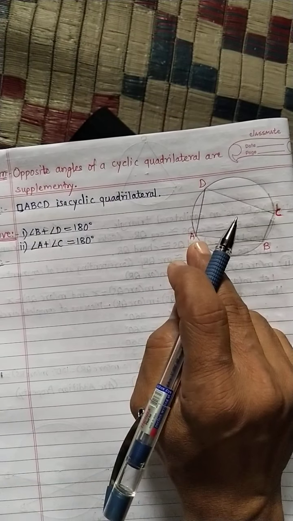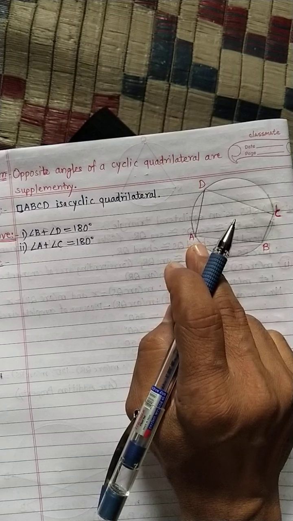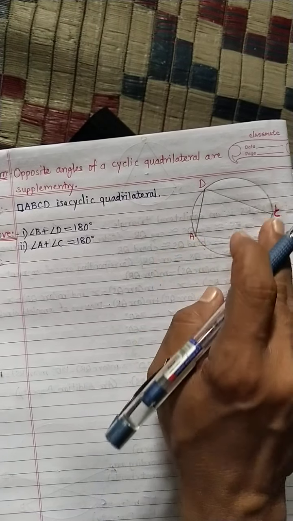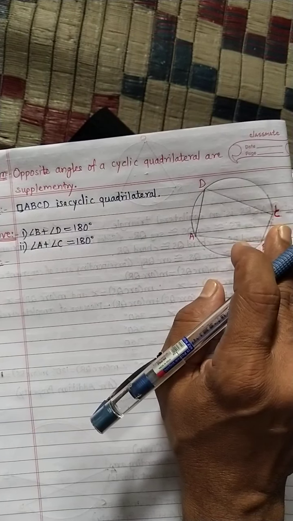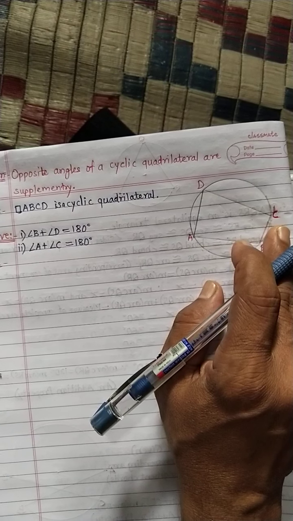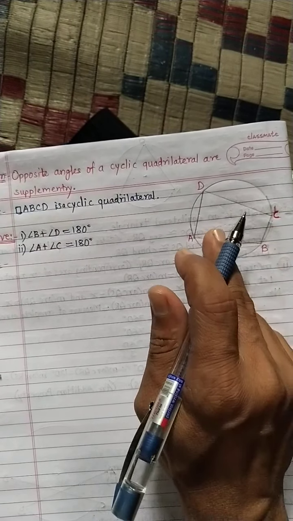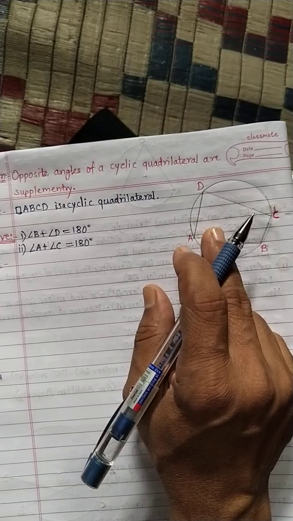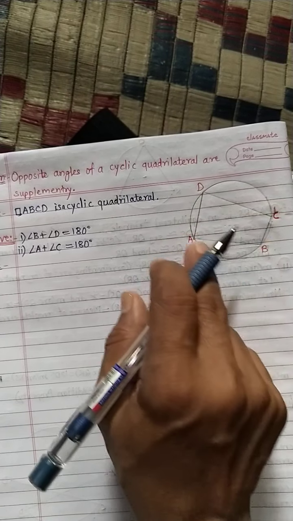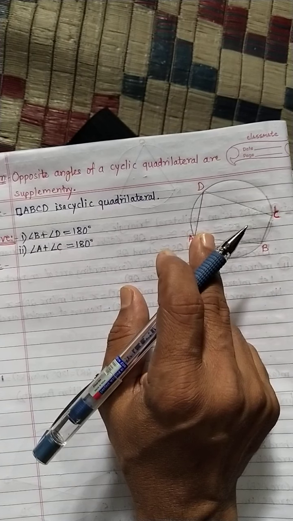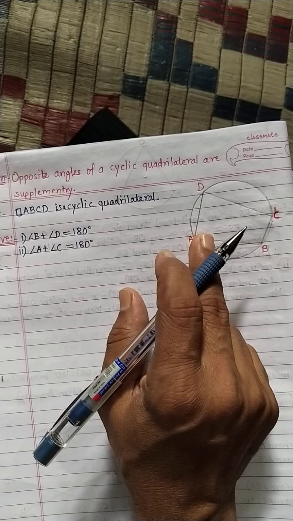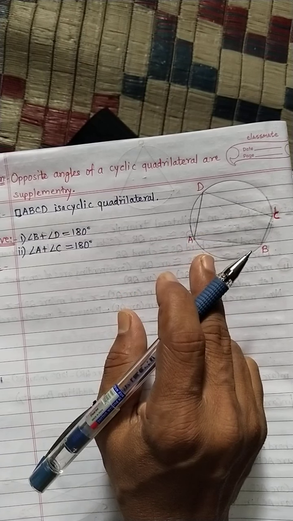But the sum of the measures of arc ABC and arc ADC is equal to 360 degrees, because it constitutes a complete circle. So half multiplied by 360 is equal to 180.